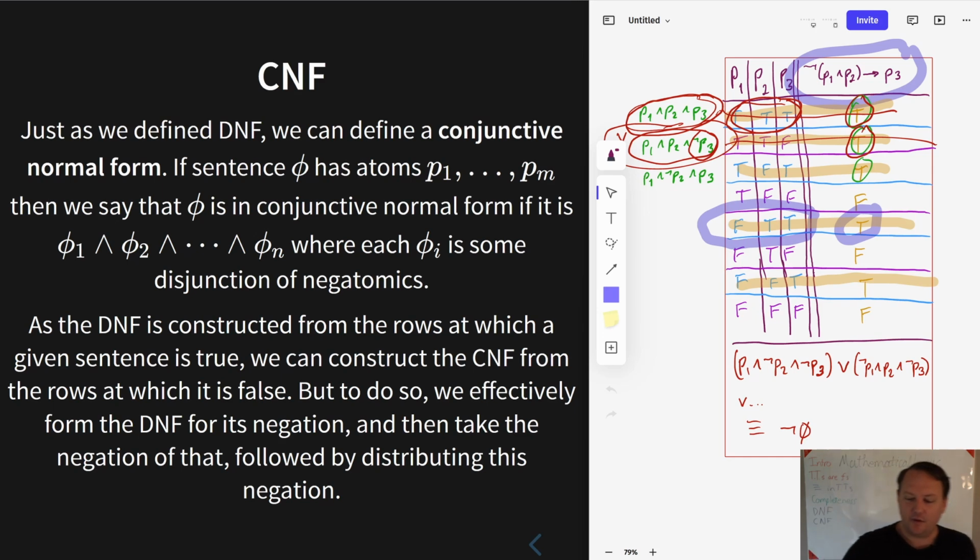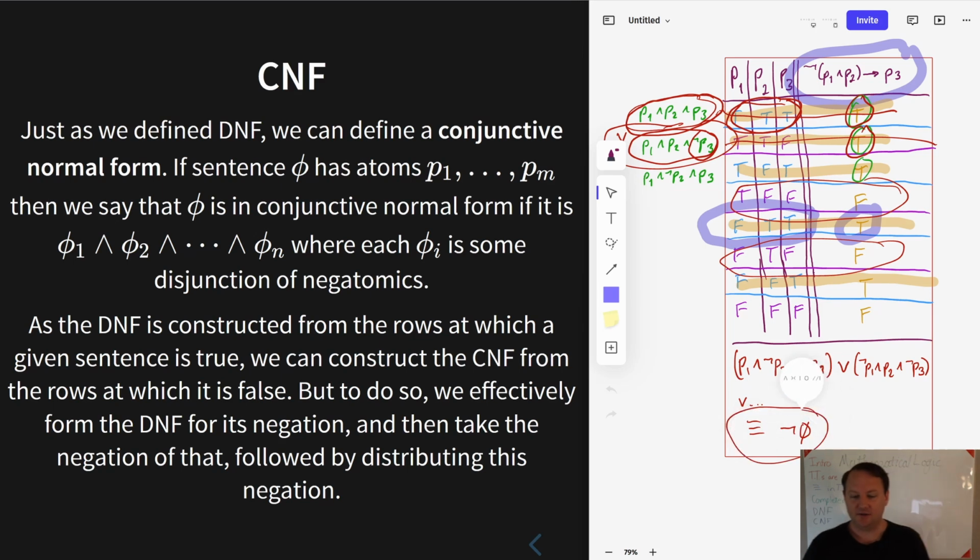I've only written down the first couple of disjuncts, but I'm taking them from the rows at which the sentence is false. Since I'm taking it at the rows where the sentence is false, I am effectively getting the disjunctive normal form of the negation of my given sentence. And so if I take the negation of this, the two negations cancel and I get a sentence equivalent to phi, my original sentence.